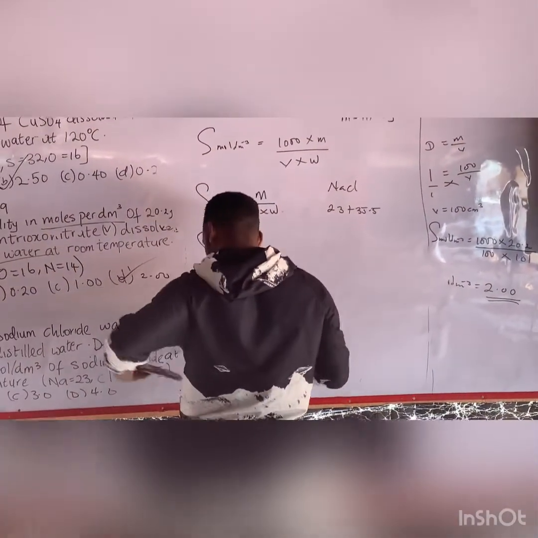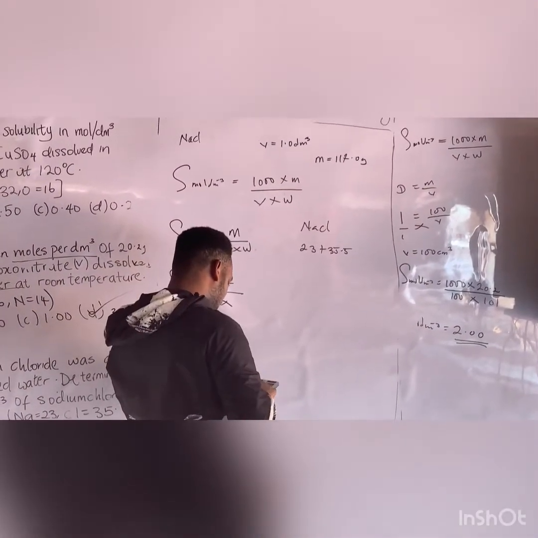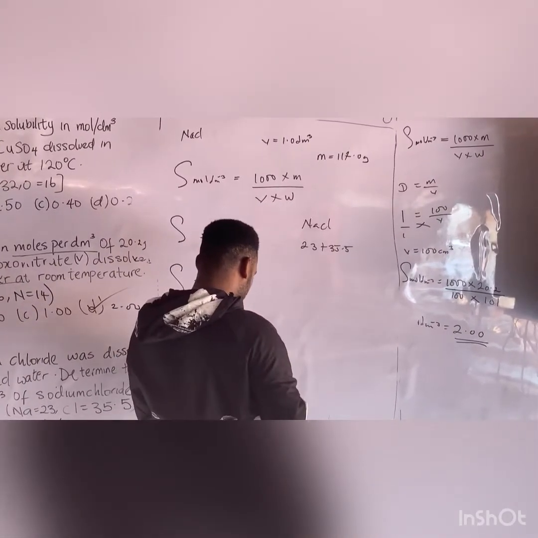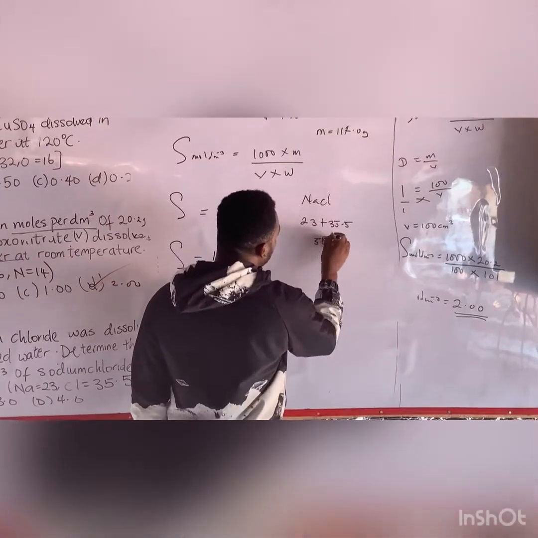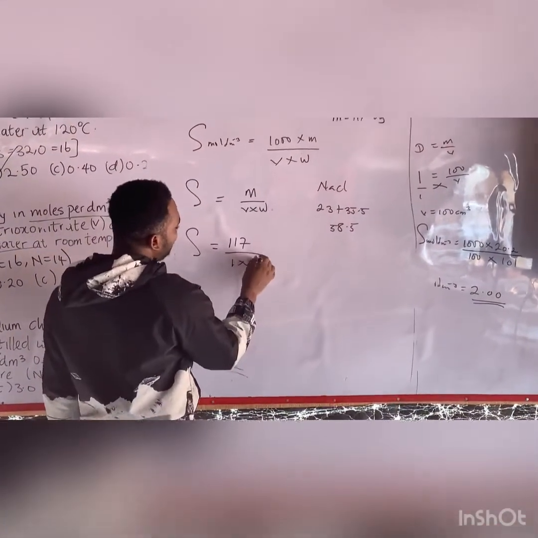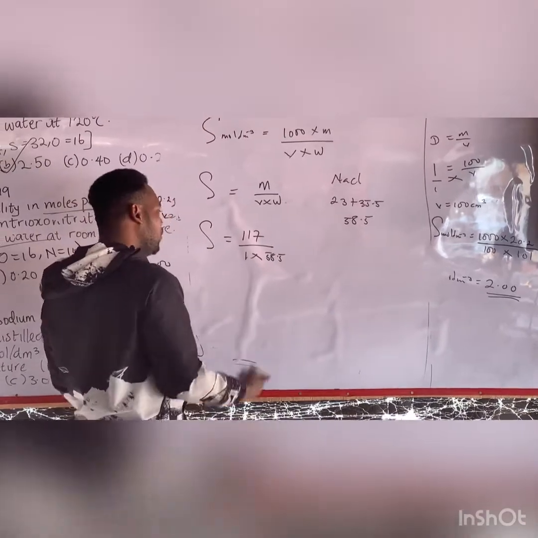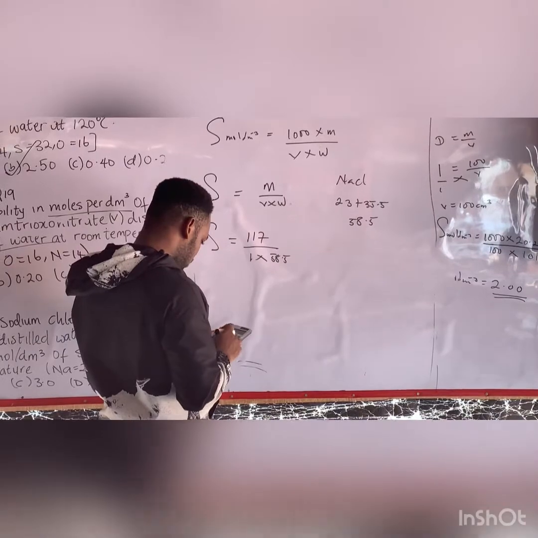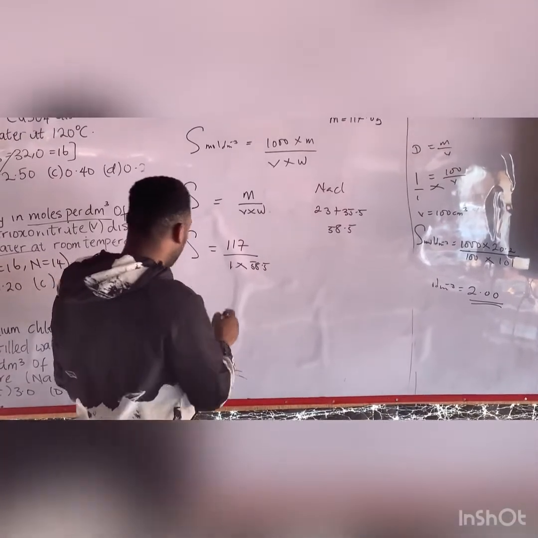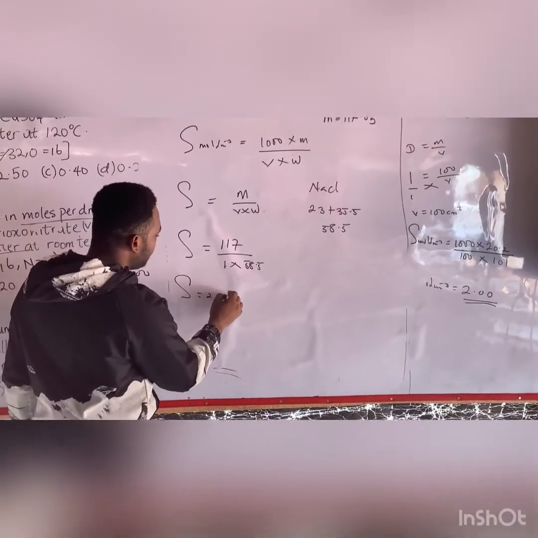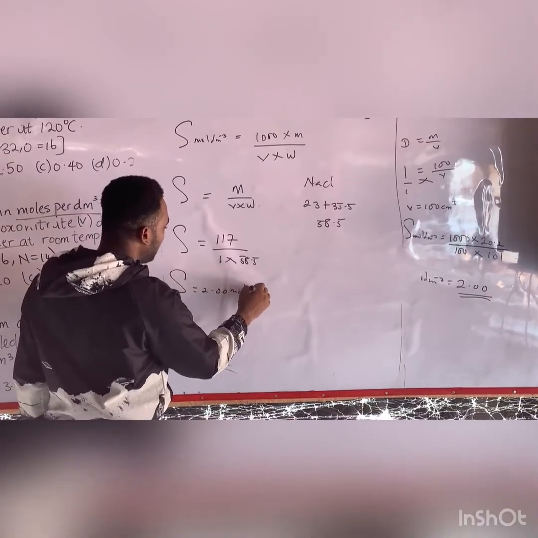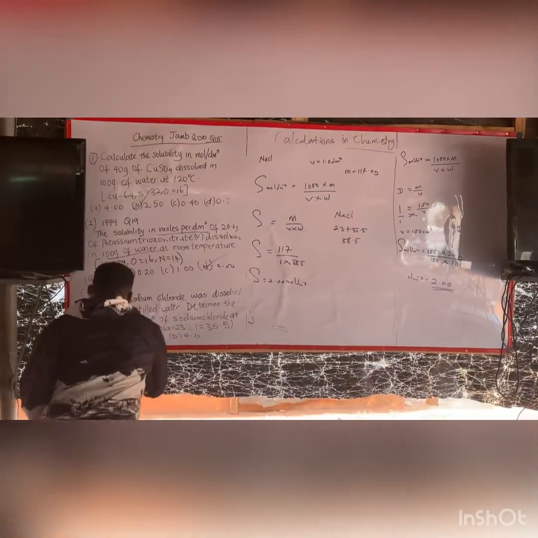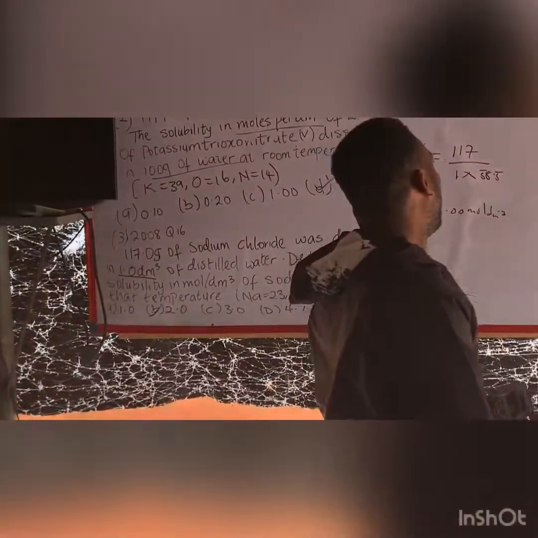When we do that, we get 58.5. So put 58.5 here. We obtain our answer: 117 over 58.5 is 2.00 mole per dm cube. Option B is our answer.